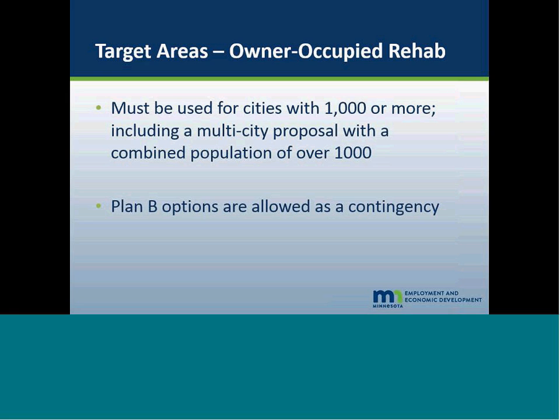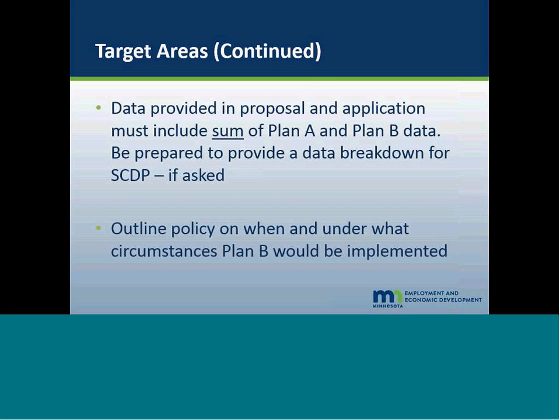And please, a contingency, if you will, if there's not interest in the Plan A target area, the primary target area, then a Plan B is encouraged, a contingency to meet goals.